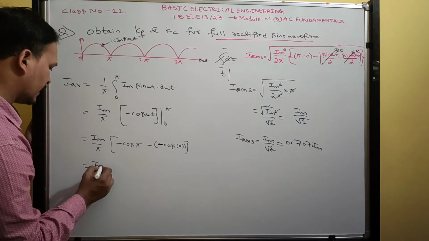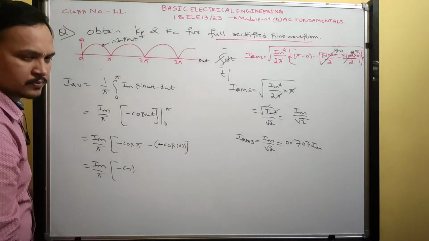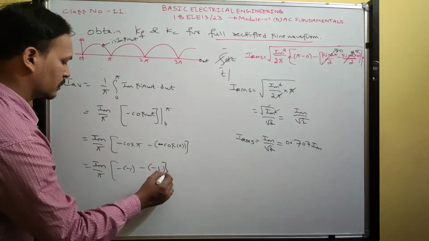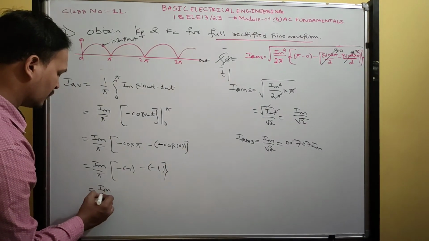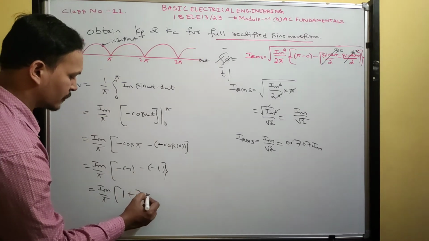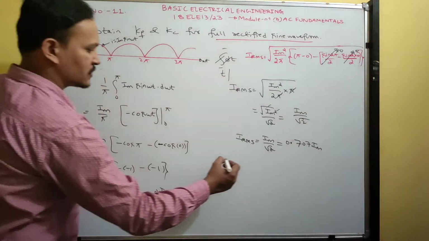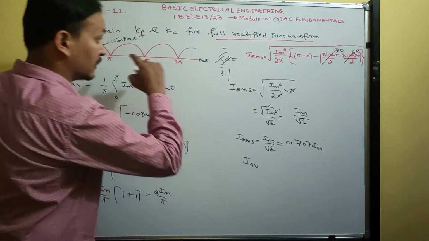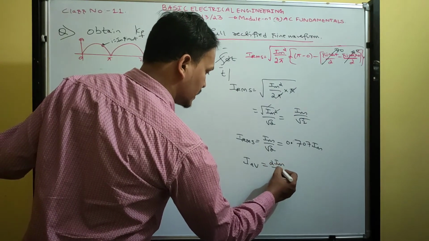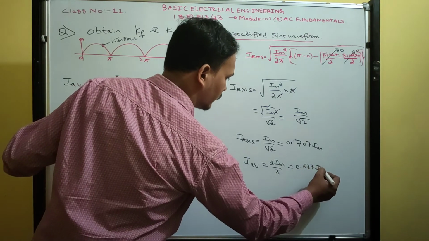So Im by pi, minus cos pi: cos pi value is minus 1. Minus of minus cos 0 is 1. Then Im by pi into 1 plus 1, which is 2. So 2 Im by pi. What is the average value of the full rectified sine waveform? I average is equal to 2 Im by pi, which is 0.637 times Im.